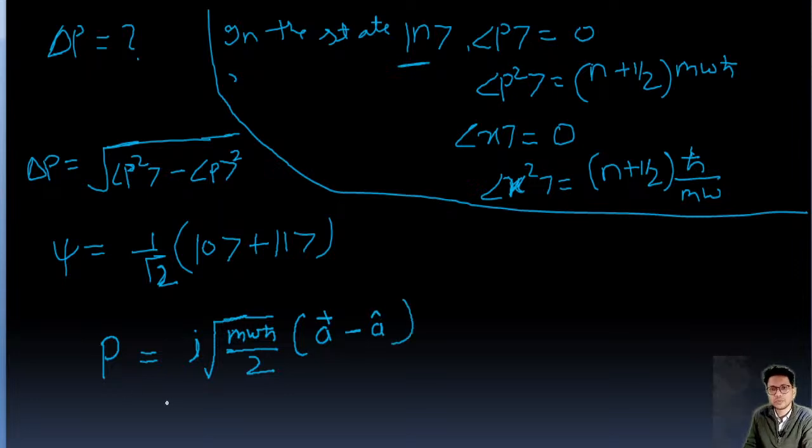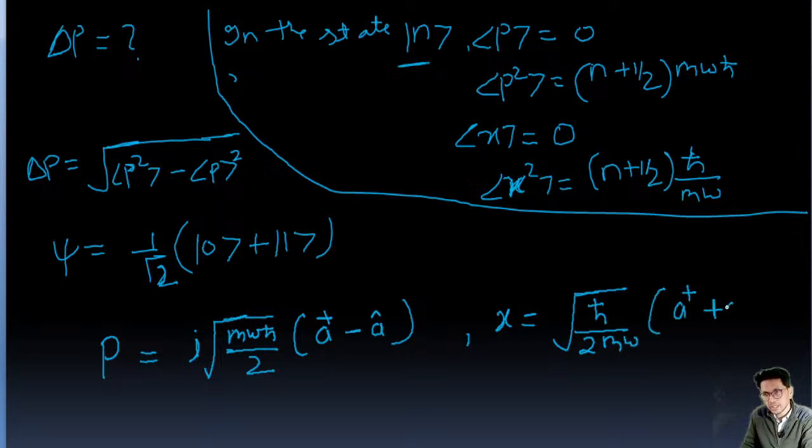Okay, this we know. Similarly, I'm writing for position as well, right? The value of x is root (h cut upon 2 m omega) (a dagger plus a).